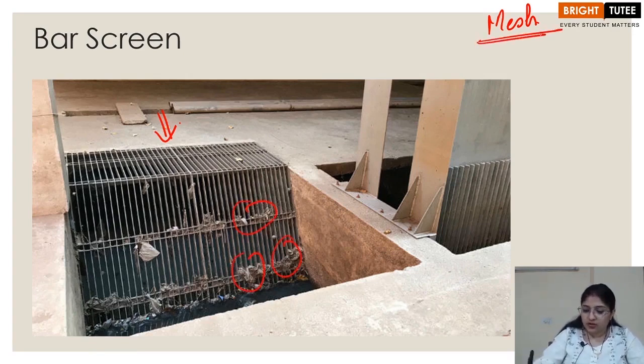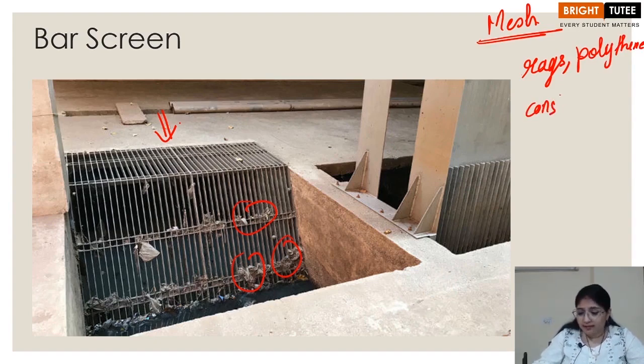So it's a mesh-like structure in which large objects like rags, polythene bags and bottles, say if there are any metal cans or tin cans, any plastic packets or bottles that are there, right?